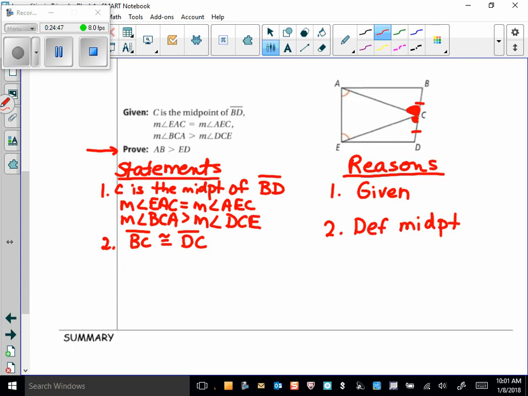Okay, then they tell us that the measure of EAC, this angle right here, equals the measure of AEC, this one right here. So I'm trying to set up the hinge theorem, so what I need is another set of sides in those two triangles that are congruent.